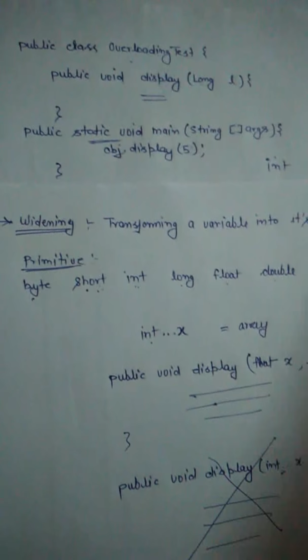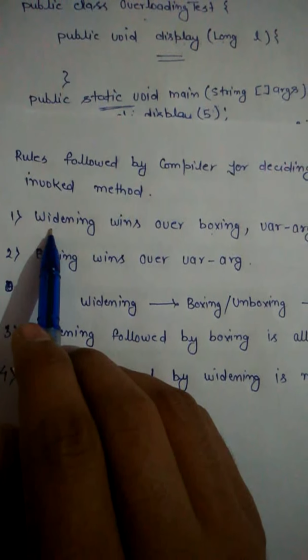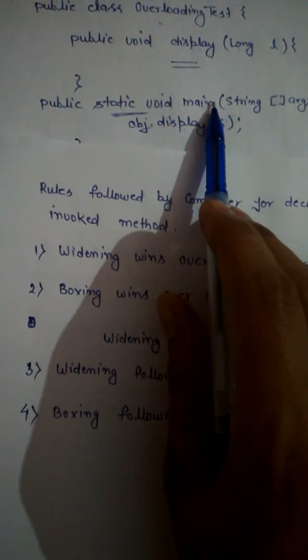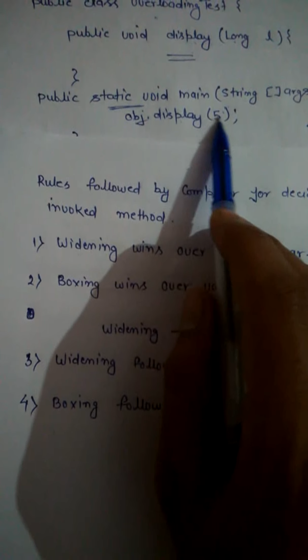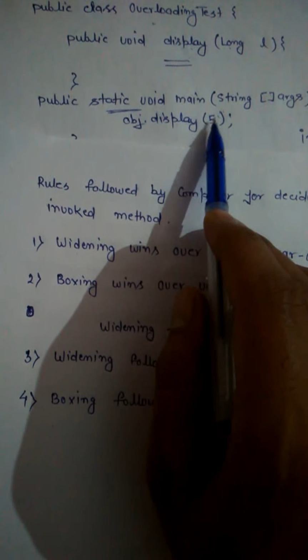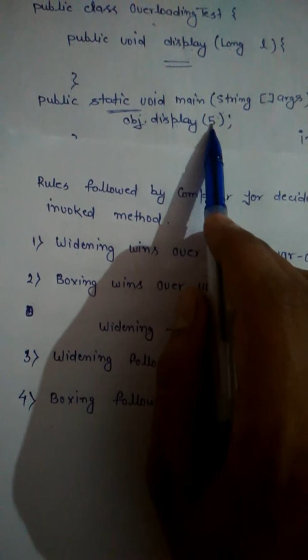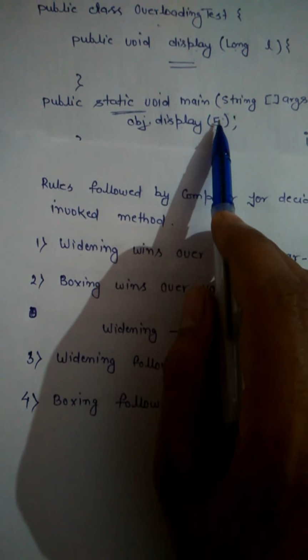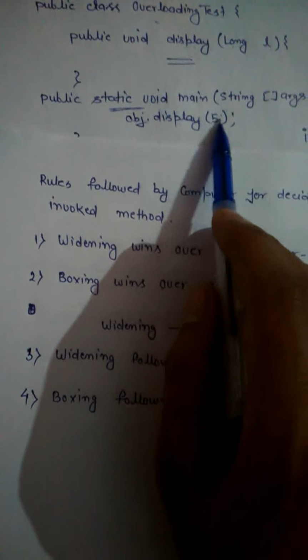This is the meaning of this line. First of all, it will check for its widened type. If the class doesn't have any method with an exact match, then it will find whether there is any method with a widened type of parameter.